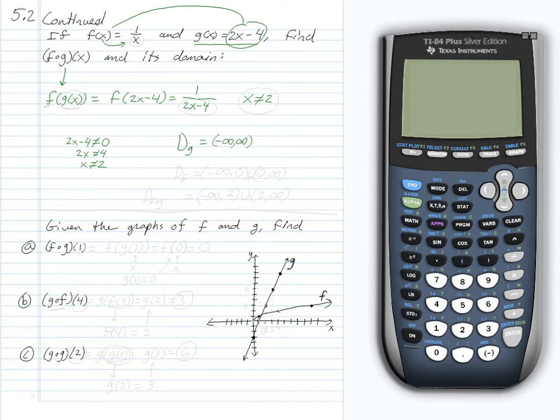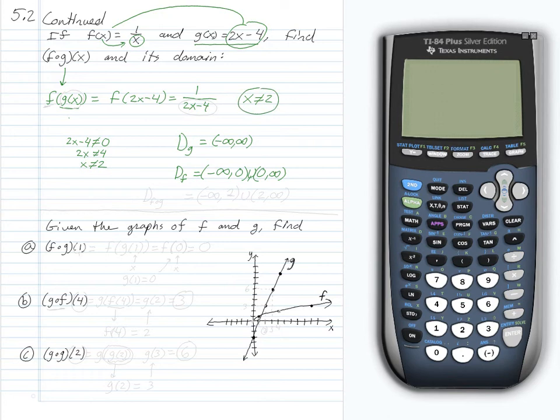But the domain of f is not all real numbers. Negative infinity to 0 and 0 to infinity, right? You can't divide by 0. So what we need to think about is what x values make g of x be 0. And that's where we're coming up with x cannot be 2.